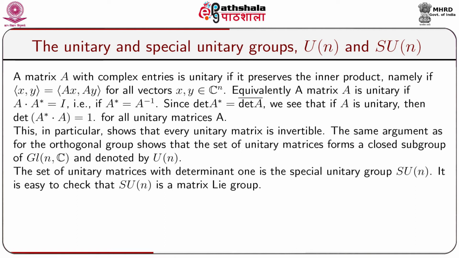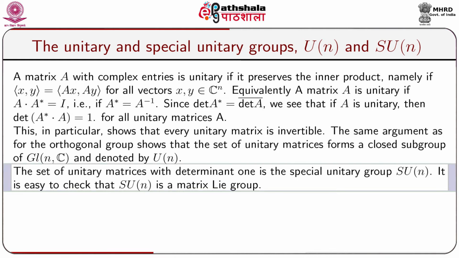This holds because conjugation of matrices passes through limits. Therefore, U(n), that is the set of all n by n unitary matrices, is a matrix Lie group.